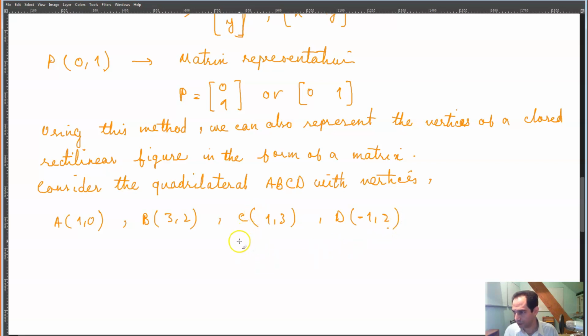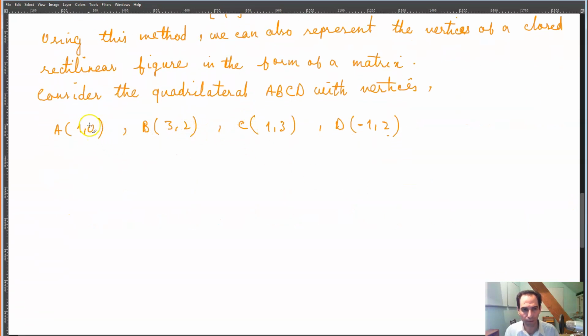And so if I want to represent this in a matrix, I can put the x's and y's this way, meaning that I can write 1, 0, 3, 2, and 1, 3, and -1, 2.